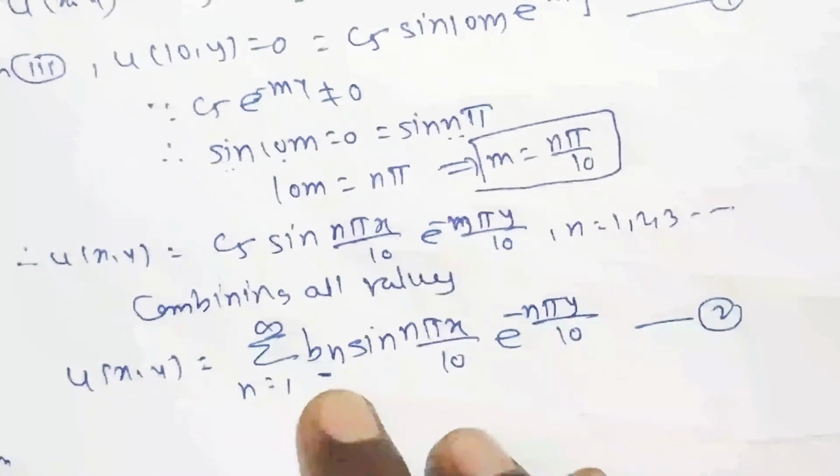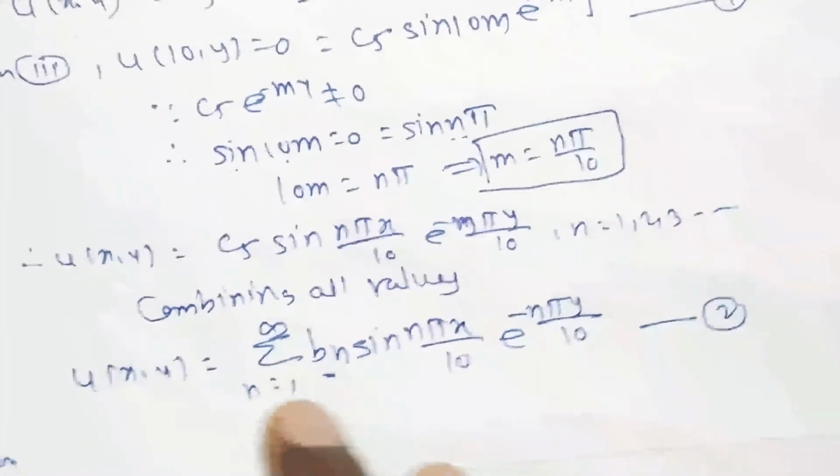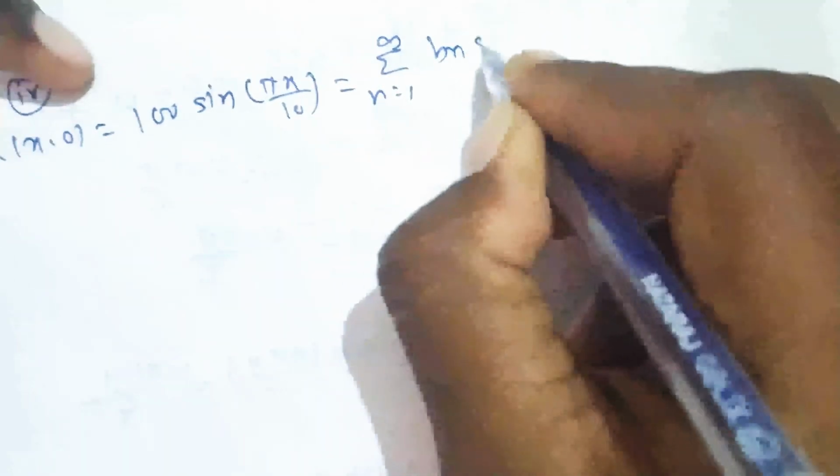So if we put y equal to 0 here, then e raised to 0 is 1, and the remaining terms are as they are. That is summation of Bn sin n pi x by 10, where n varies from 1 to infinity.